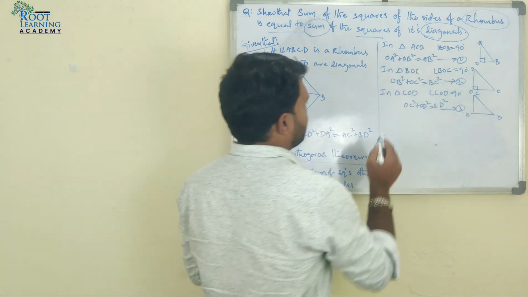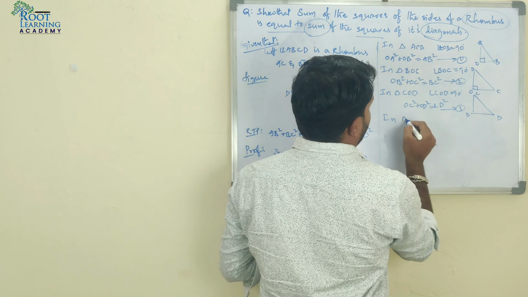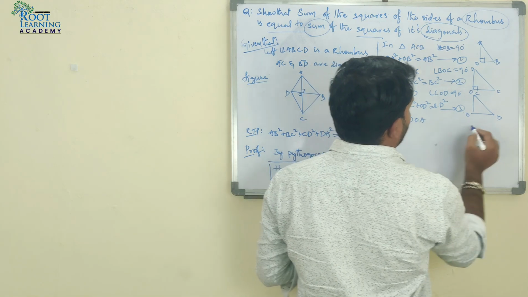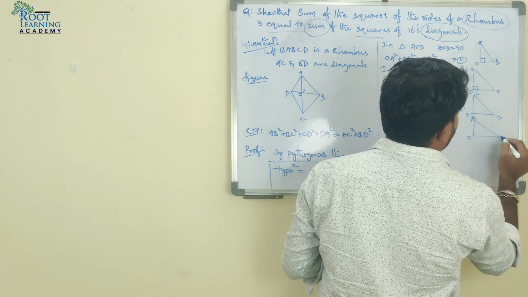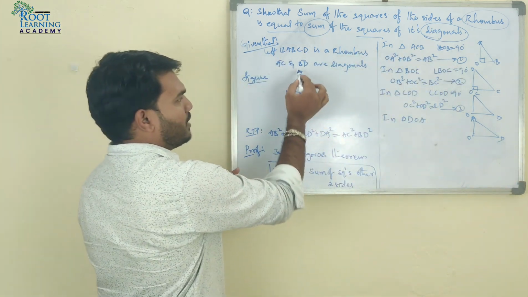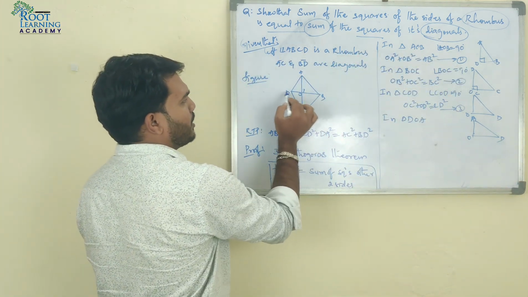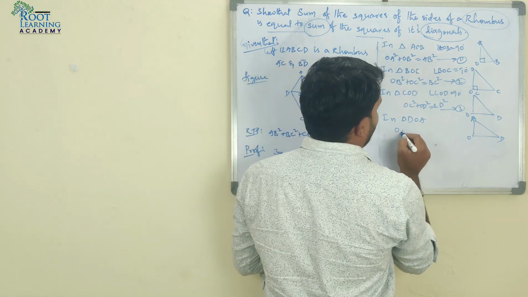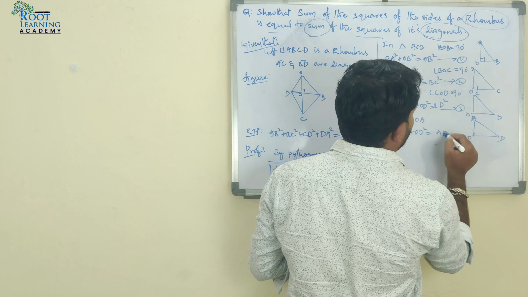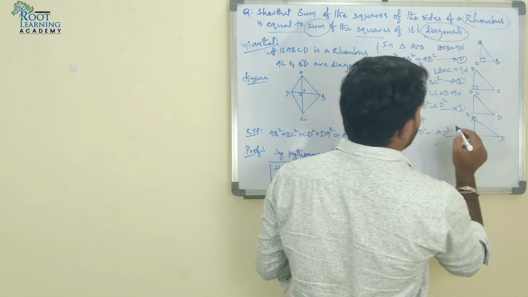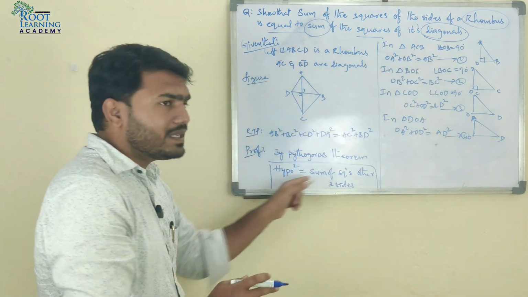And the last one, in triangle DOA. So here this is the triangle OAD. All the triangles I just take: AOB, BOC, COD and DOA. So OA square plus OD square is equal to AD square. Equation number 4.